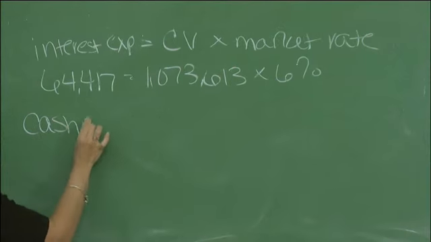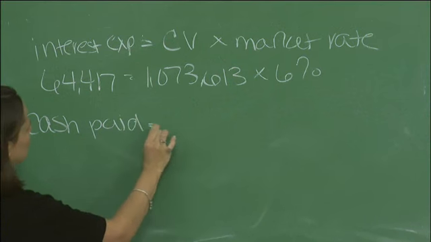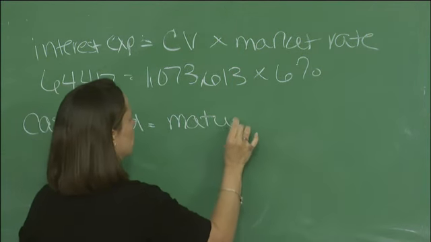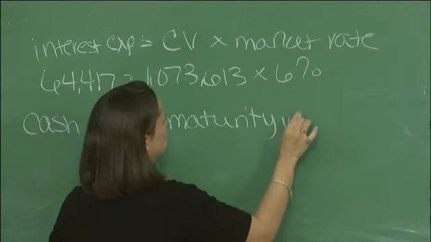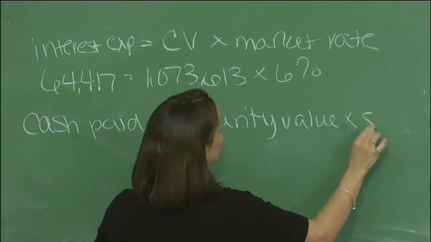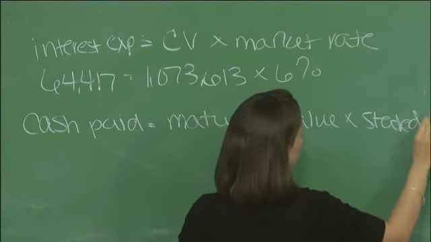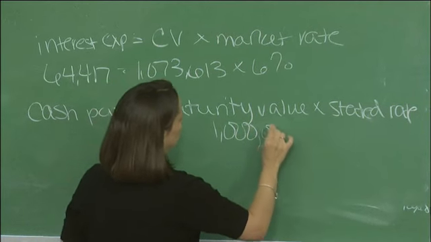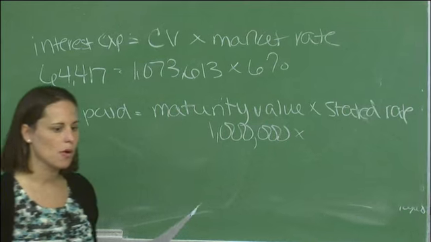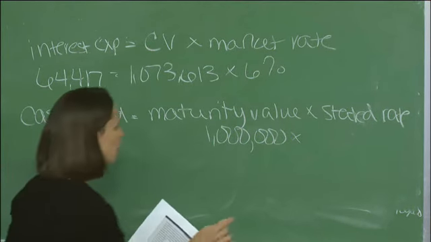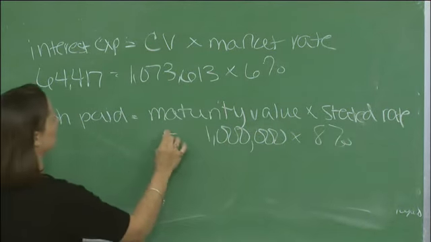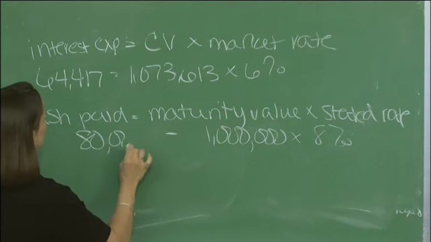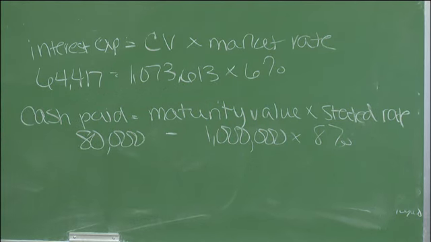And then we're going to calculate cash paid for interest. Again, that's your maturity value multiplied by the stated rate. So 1 million multiplied by the 8% stated rate. We get cash paid of $80,000. Figure this into our entries.